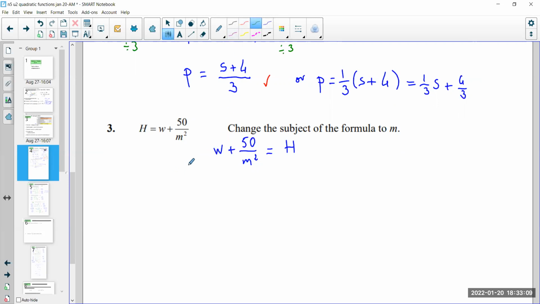So you need to do minus w for that side, but you do the same on that side too. Then your first mark is going to be writing 50 over m square equal h minus w, mark number 1. So whoever gave me that got that mark.